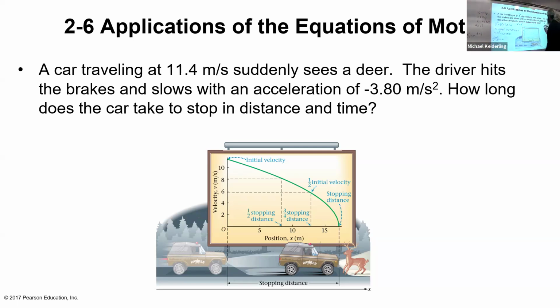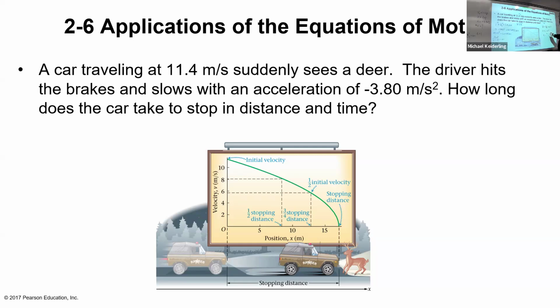Now for time. Velocity is initial velocity plus acceleration times time. So if we want time, velocity minus initial velocity equals acceleration times time.